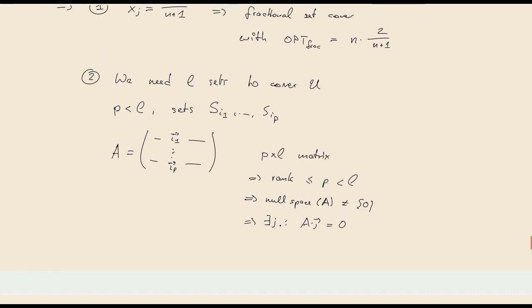Well, that means, since the scalar product of the vector with any of these rows is 0, J is not contained in any of these.